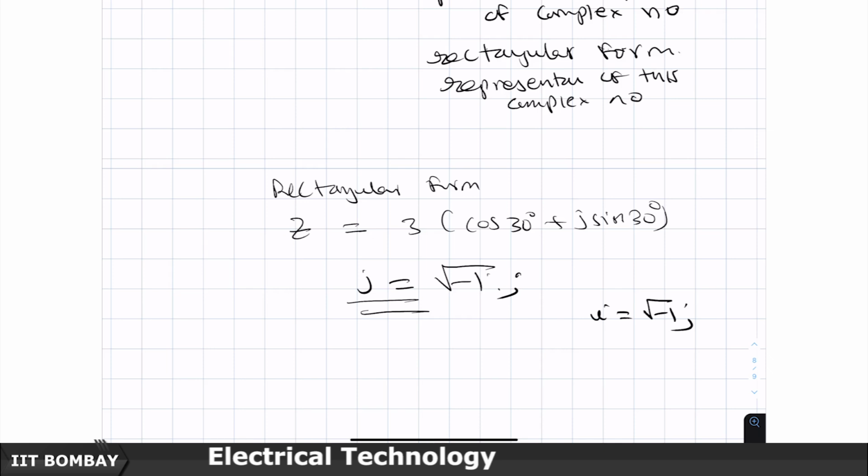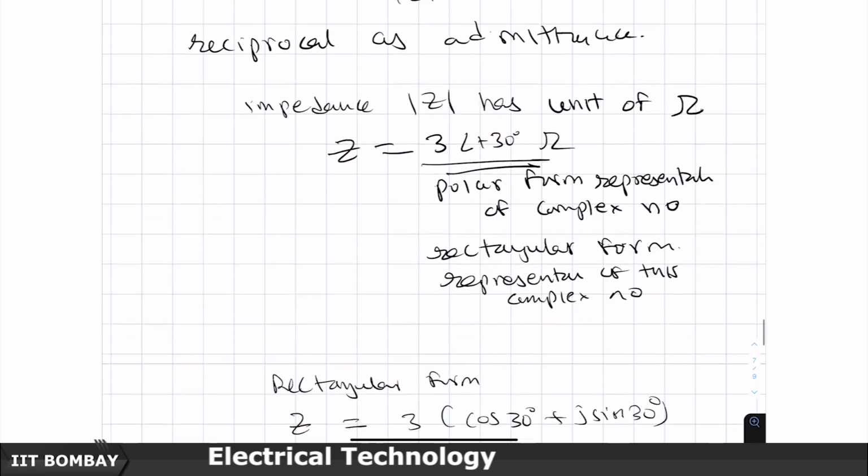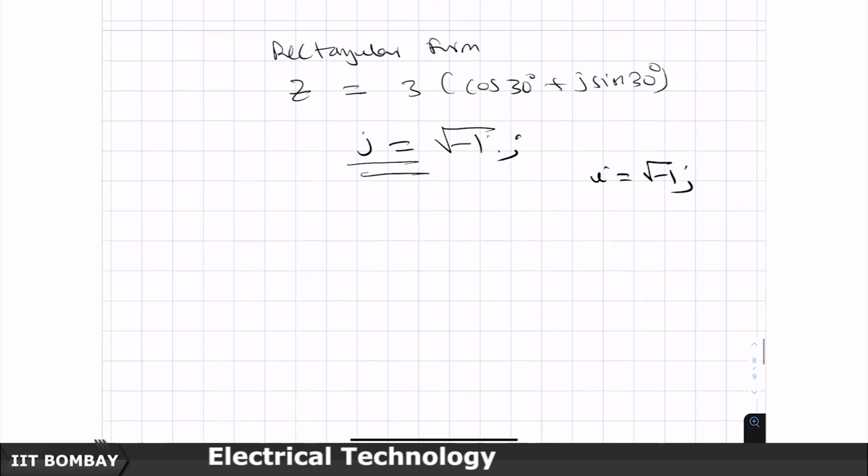In electrical engineering, i is usually used to represent current, so the same i cannot be used to represent the square root of minus 1. So what is the next alphabet in the alphabetical list? It is the alphabet j. Therefore, in electrical engineering, the imaginary number is usually represented as j, the square root of minus 1.